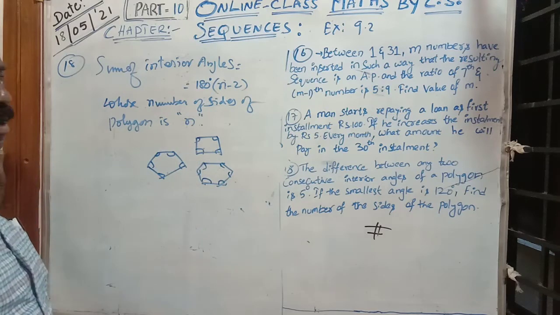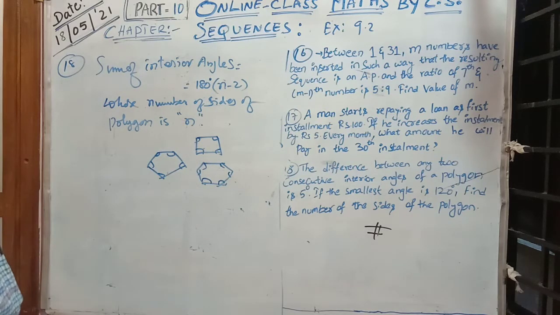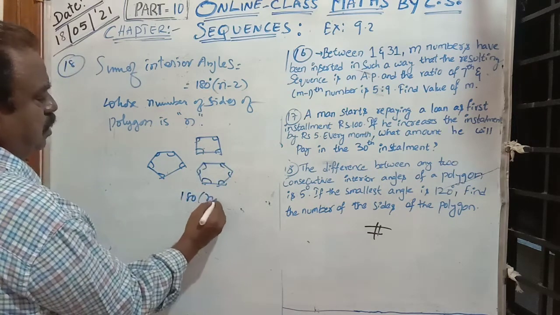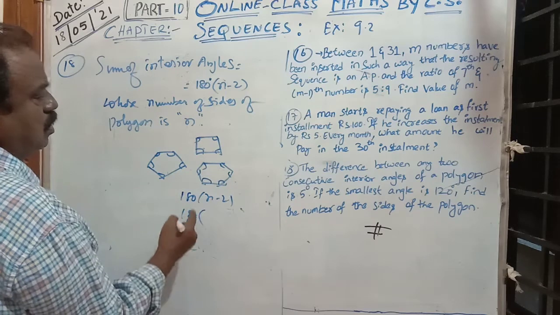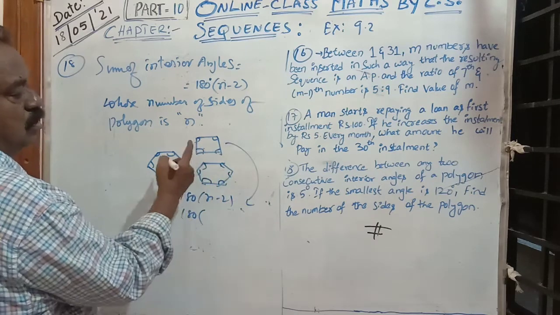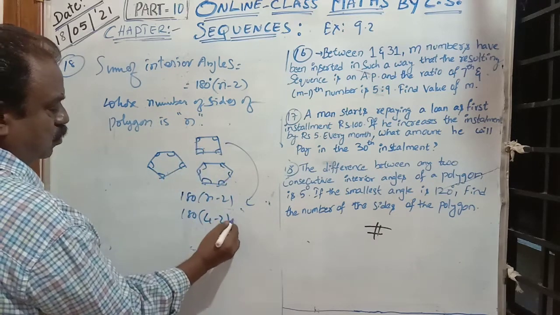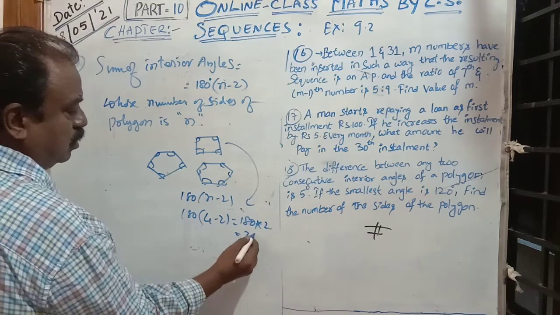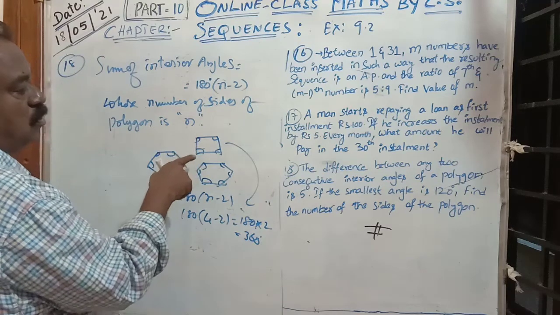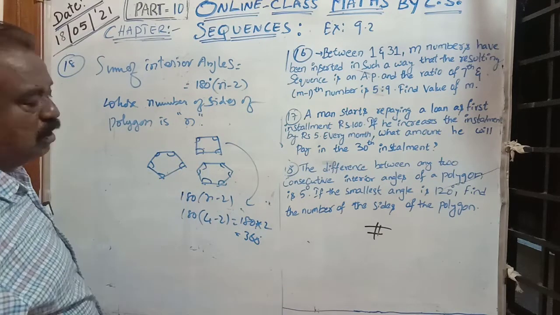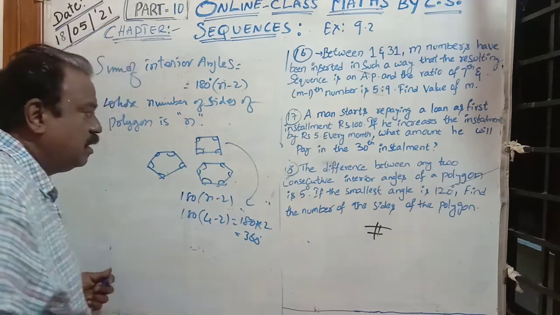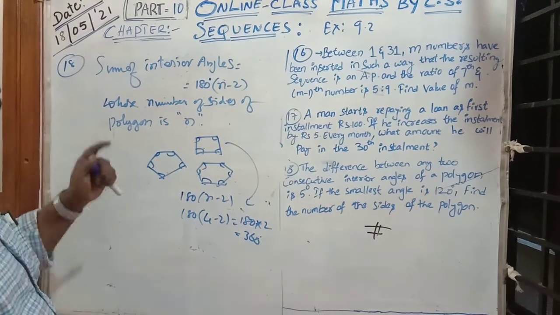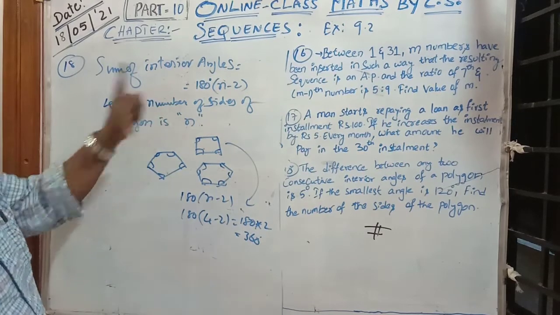In the quadrilateral the sum is 360, we know it. 180 of n minus 2, the number of sides is 4, minus 2, so 180 into 2, that is 360. So no doubt, 90, 90, 90, 90, 360 will come. That is a regular polygon, a square or a rectangle. So the formula is correct.